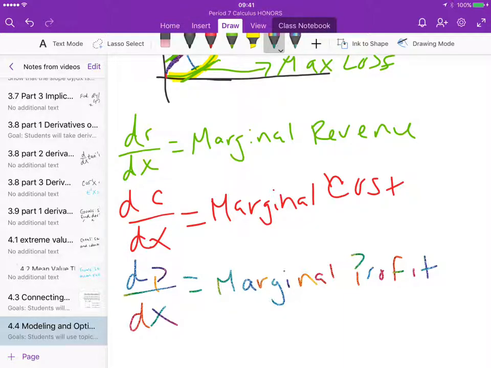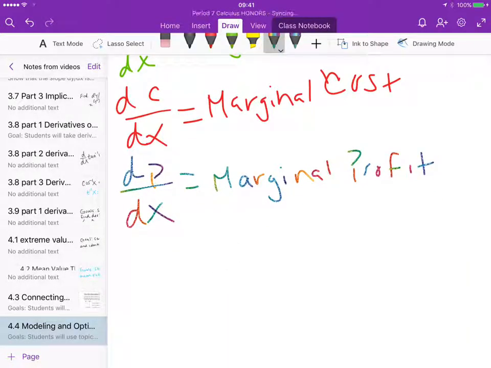And so what we can take from here is that our maximum profit occurs at a certain production level at which the marginal revenue equals the marginal cost, right? So not that the functions themselves equal each other, but specifically that the derivatives, or the slopes of the tangent lines, equal each other.